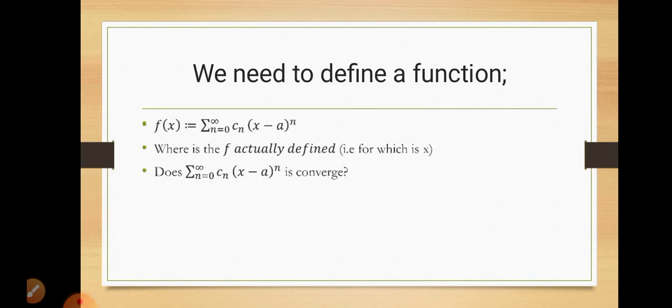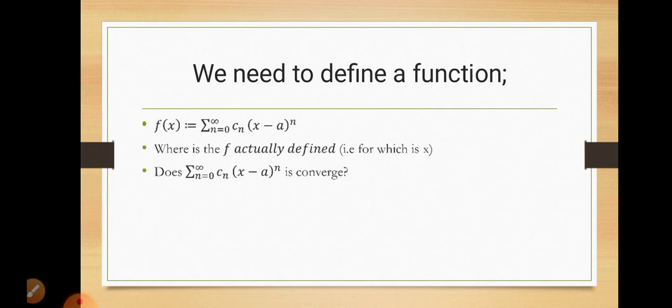But first we need to figure out the domain, that is, where is f actually defined, i.e. for which x. So thus the summation of n equal to 0 to infinity of c sub n times (x minus a) to the power of n converges.